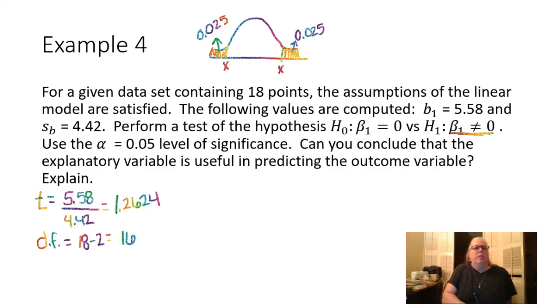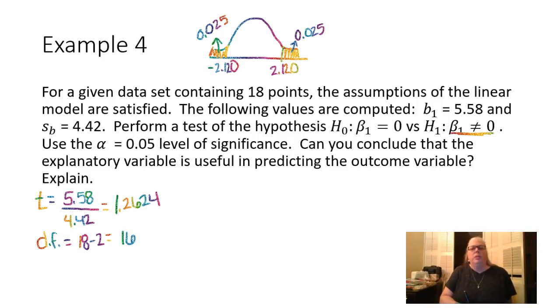Okay, let's put these on our picture. We're going to have 2.120 at this end, and by the magic of symmetry, this one's going to be negative 2.120. All right, now let's compare our test statistic, 1.2624. Does it lie in the shaded area to the right of 2.120 or in the shaded area to the left of negative 2.120?